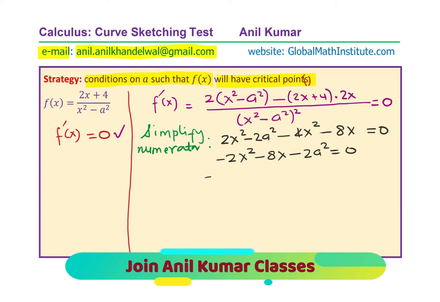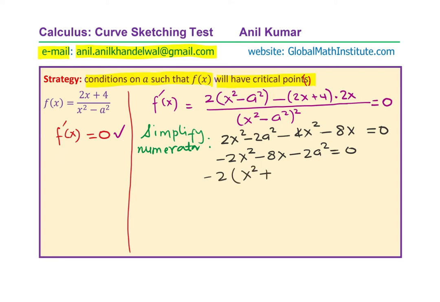We can take minus 2 common. In that case, we get x squared plus 4x plus a squared equals to 0. Okay. So that becomes the condition for our equation.